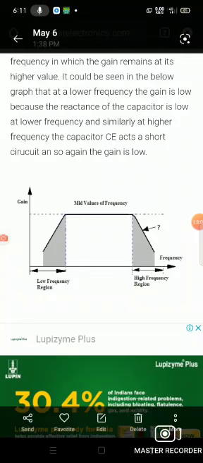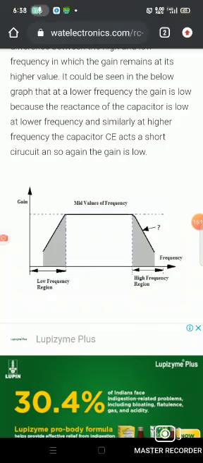That response is considered finally, whatever the coupling network in the amplifier circuit, as our amplifier output response for given or varying input signal frequencies. And one more point in this graph is the response between these variables, that is gain and frequency.